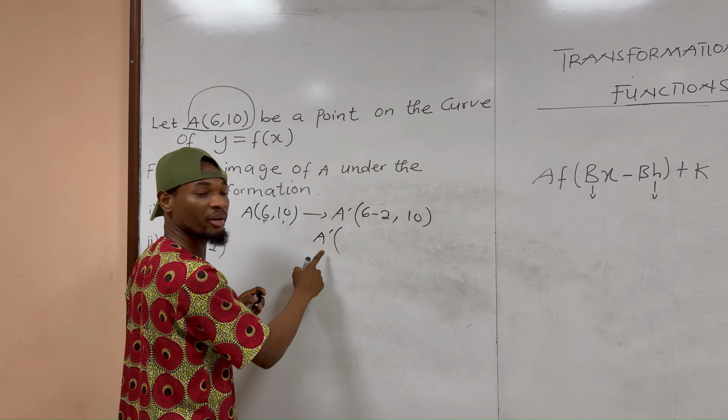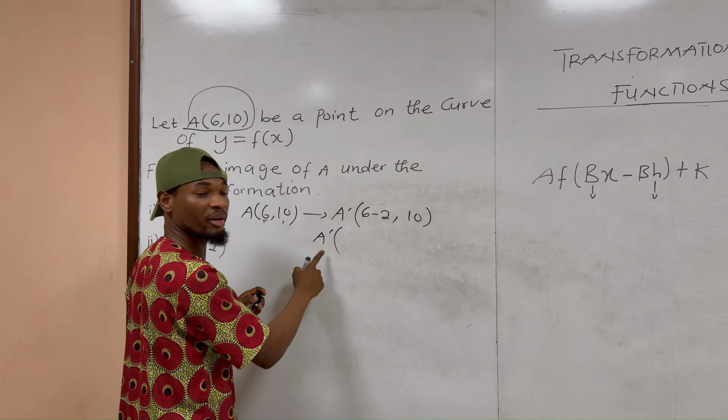And the second question is f of x minus 2. So when you set this to 0, x minus 2 is equal to 0. I have x is equal to 2. Is that not so? So that means to the right, since it's positive. Is that not so? So we have A, which has been given to us as 6, 10. So the image of A becomes A prime.